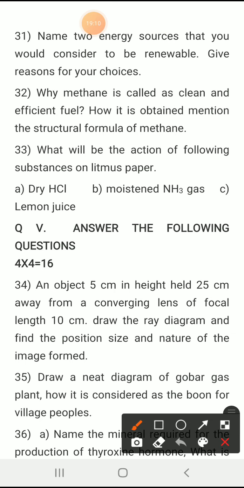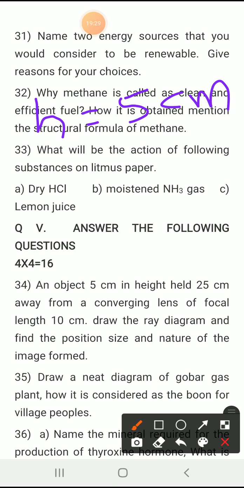Here, the height of the object is given as 5 centimeters, so h is equal to 5 centimeters. The object is 25 centimeters away from a converging lens, so it is a convex lens.